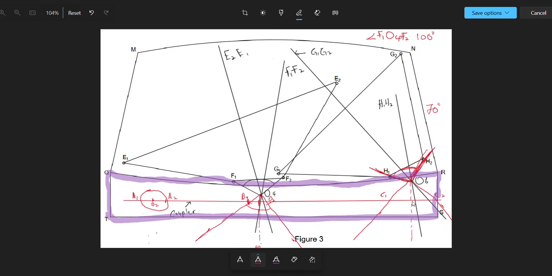So that's how you are going to get the coupler to move, the coupler from E1, F1, the coupler from here. This is what you are going to get.